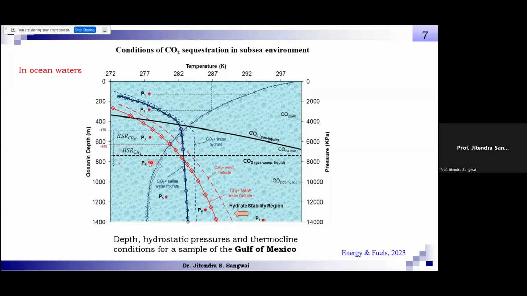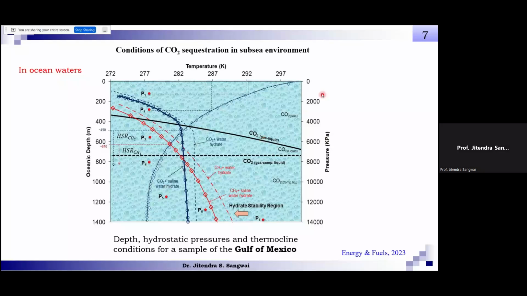You take this line and go on the horizontal way, not on the vertical way. So this temperature is about 270 degrees Kelvin. At P5, at this depth, say about 1200 meter, the temperature is about 4 degrees centigrade. So you have to cut this thermocline. You can easily understand from the thermocline how, as you go deeper and deeper, the temperature can be recorded.